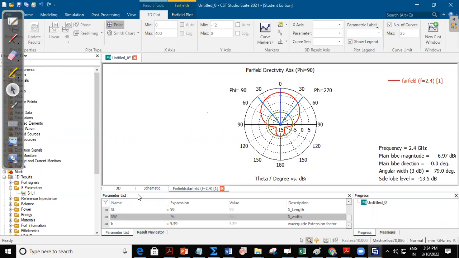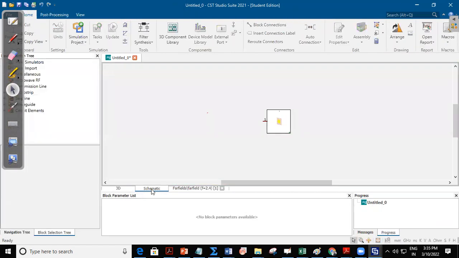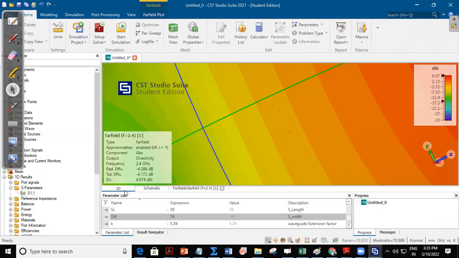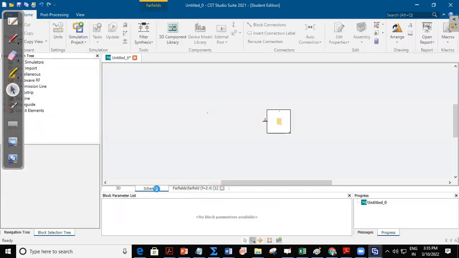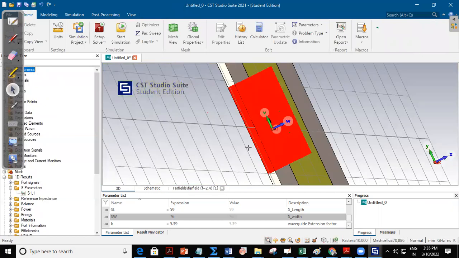Now in this schematic, what we can do is use the result which you have created. Go to the components. Here in the component, actually we have to make an inset width also.